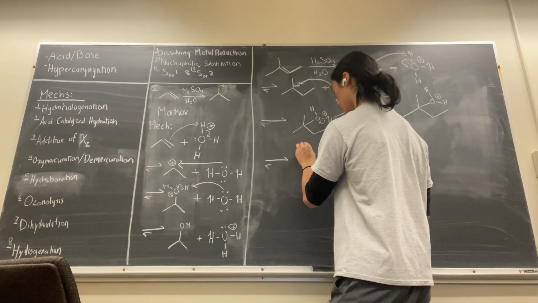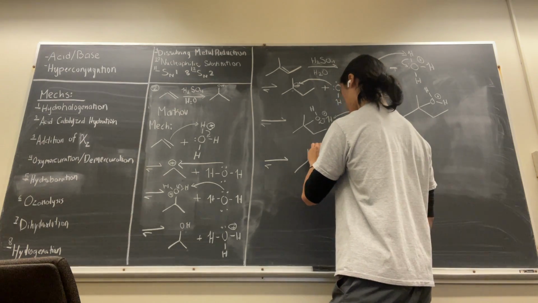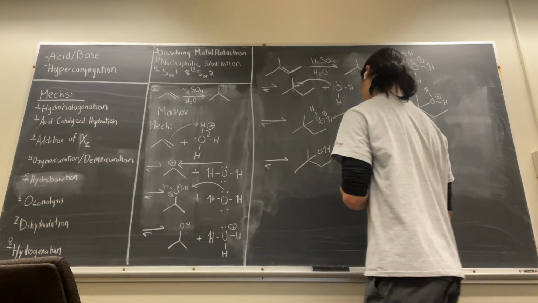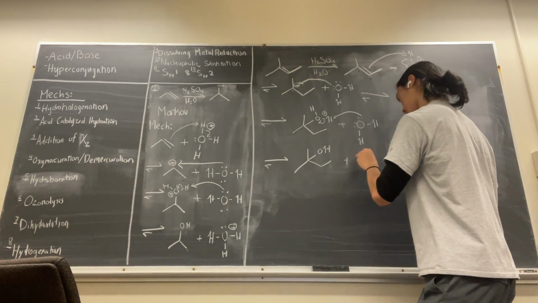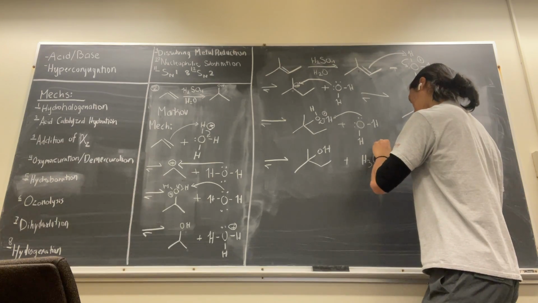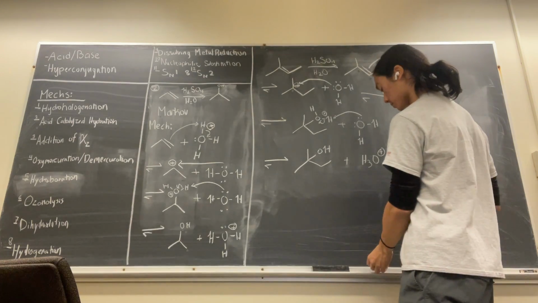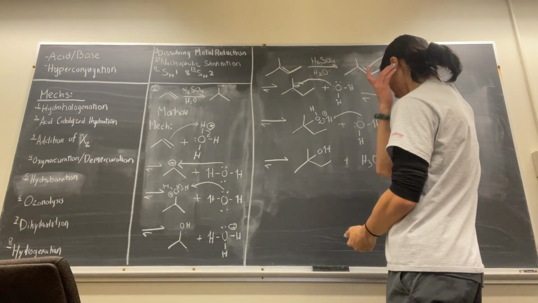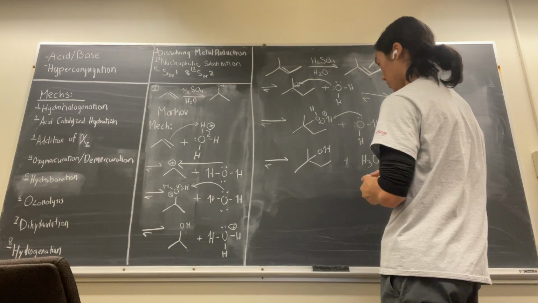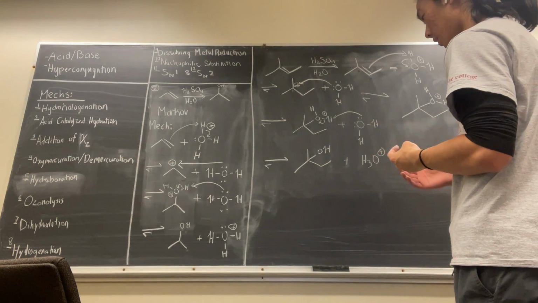Leads us to... I'm going to abbreviate this H2O because I don't want to write it plus. So, what can happen is there can be chirality and enantiomers on these.